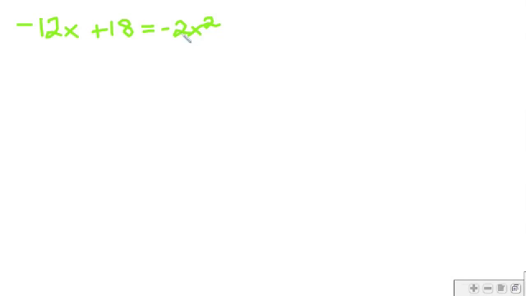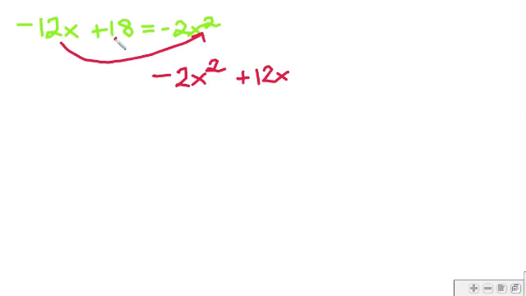So keeping A, bringing that straight down exactly how it is. If I move negative 12x to the other side, I change the sign, making it a positive 12x. Now I need to move the 18 also over here, taking its opposite, making it negative 18. All set equal to 0.